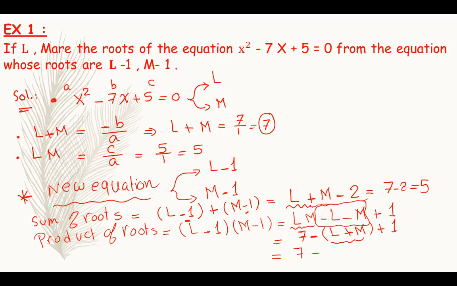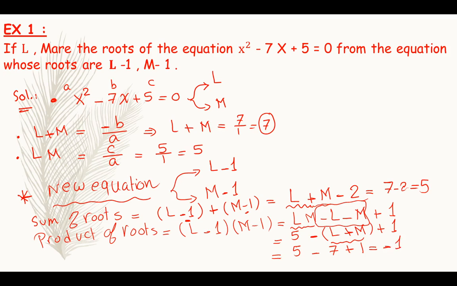Here LM equals 5, not 7. The product of the two roots is 5, so we will write 5. And the sum of the two roots is 7, so it will be 5 minus 7 plus 1. 5 minus 7 equals negative 2. Negative 2 plus 1 will be equal to negative 1.